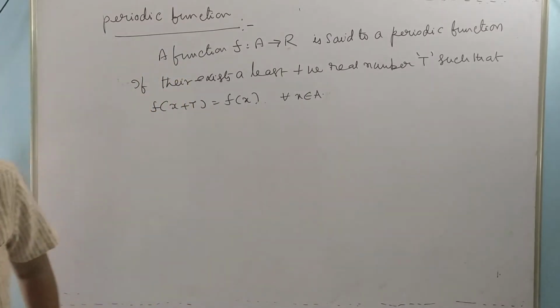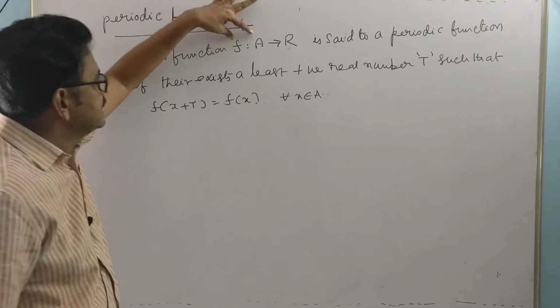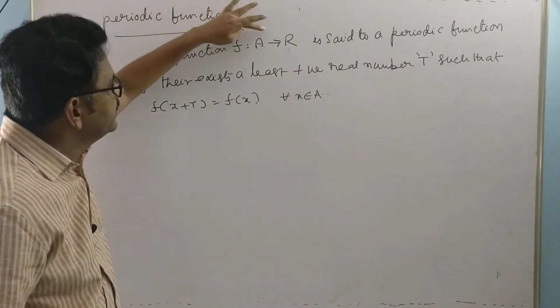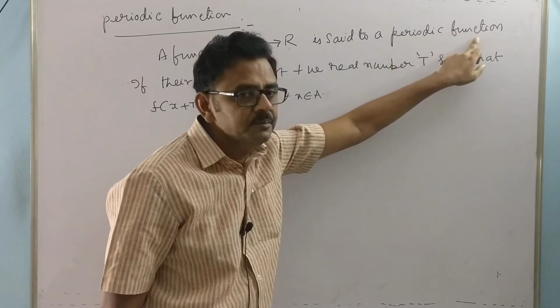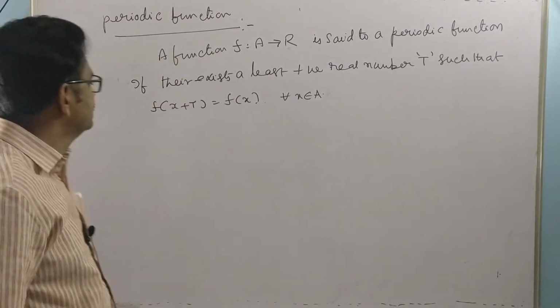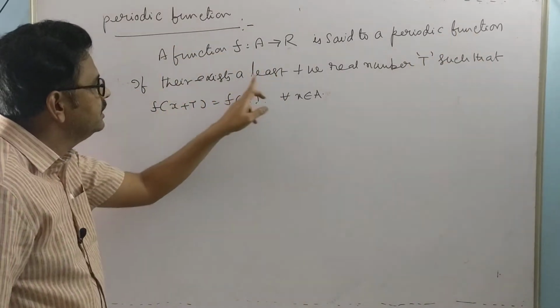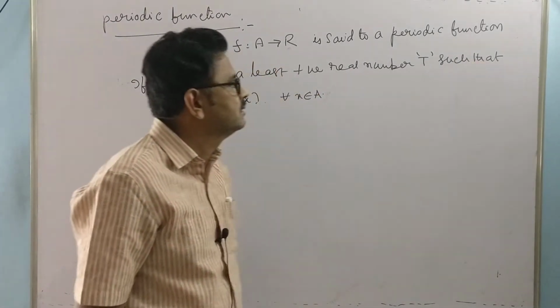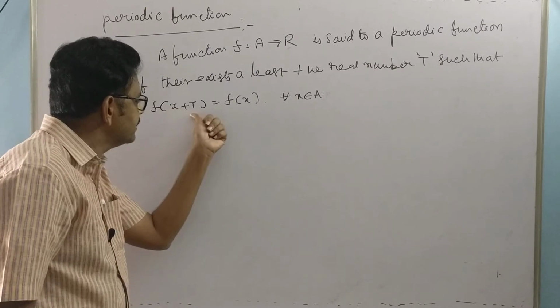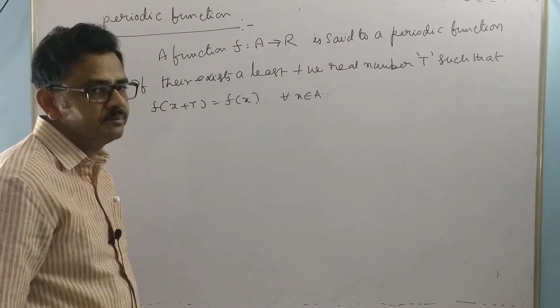See, a function f from A to R is said to be a periodic function if there exists a least positive real number t such that f of x plus t equal to f of x.